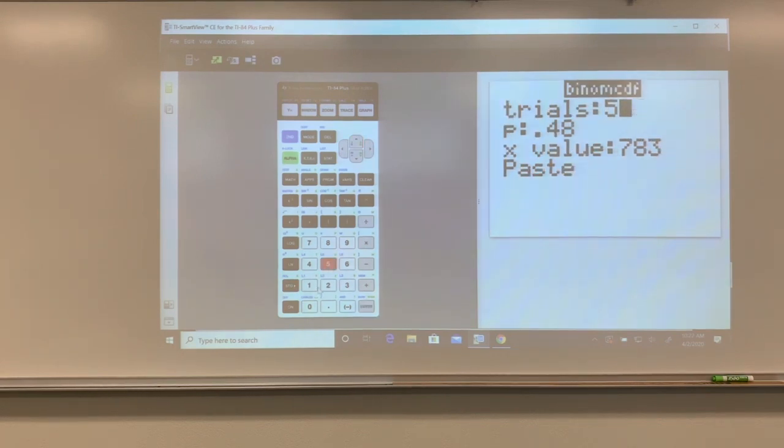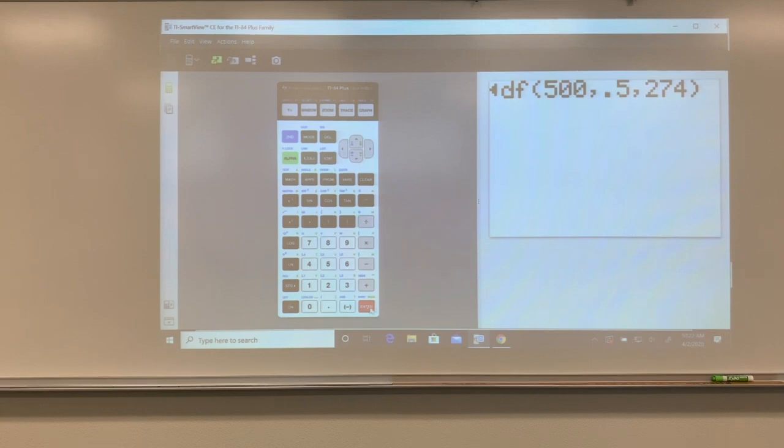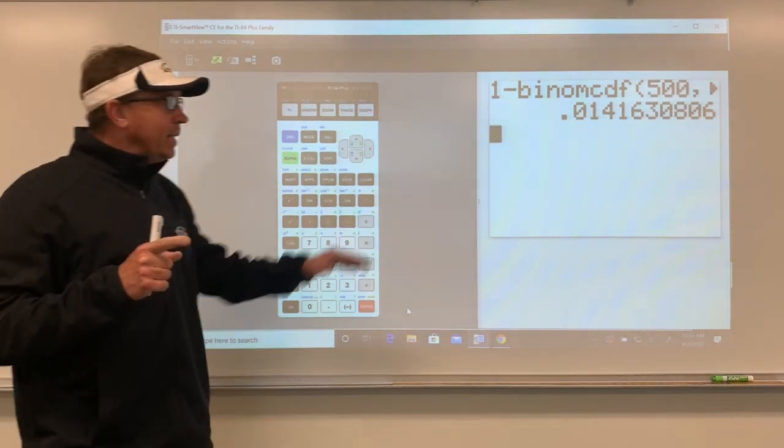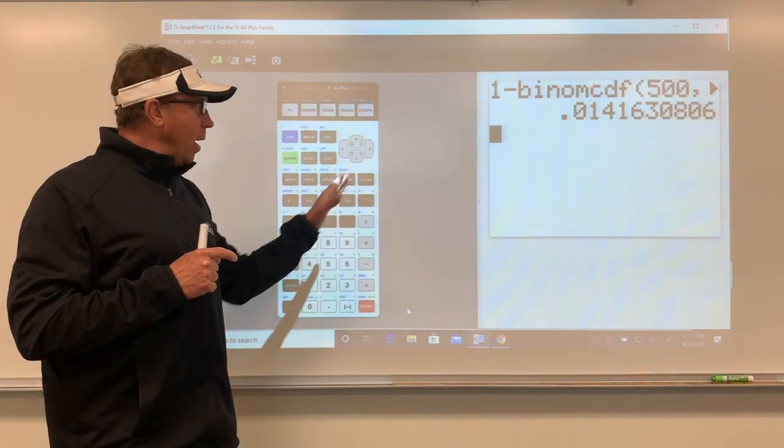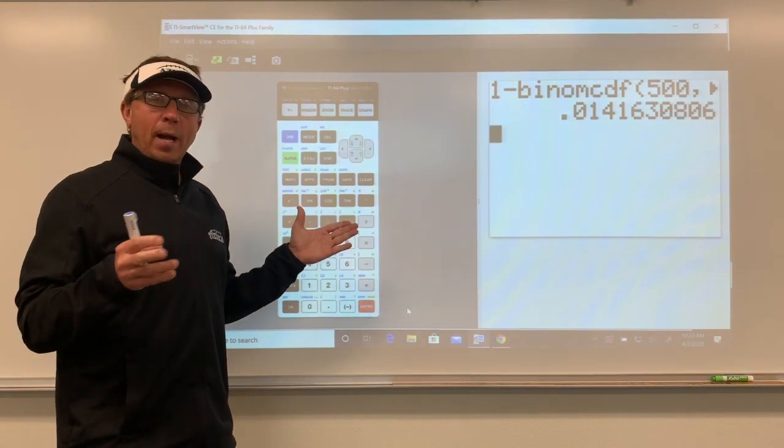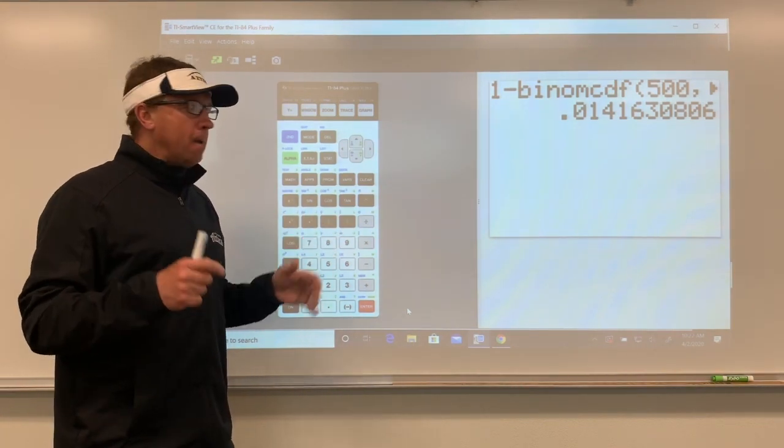I'm going to type in 500 trials. 0.5 is the probability of heads. And 274 is what I'm looking for. Once I gather together 274 or less, I can take it and go 1 minus, and you're going to get the answer of 0.0142. That's the exact answer. The other answer that we got off the normal curve was an approximation. Both are fine. Okay? All right.